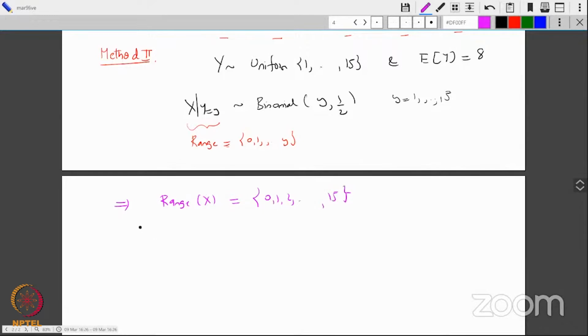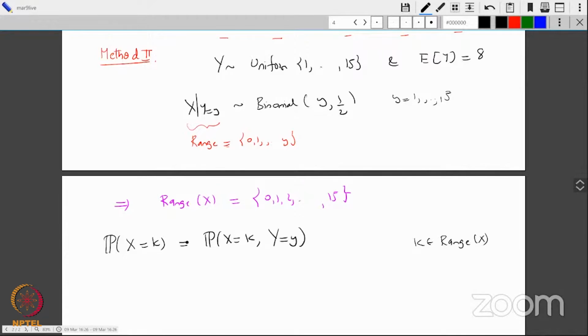Now, if a priori I go and try to compute the chance that x is equal to k for some k in the range of x, what would you get? You would get probability x equal to k, and you would condition on what y was.